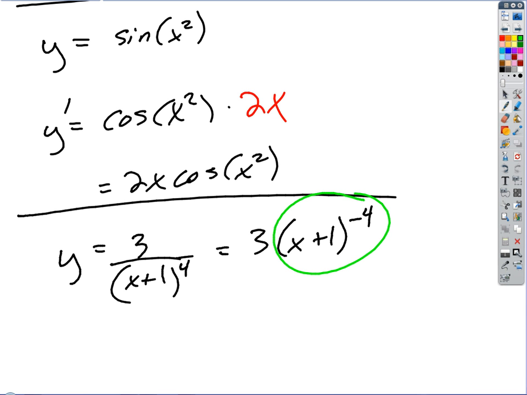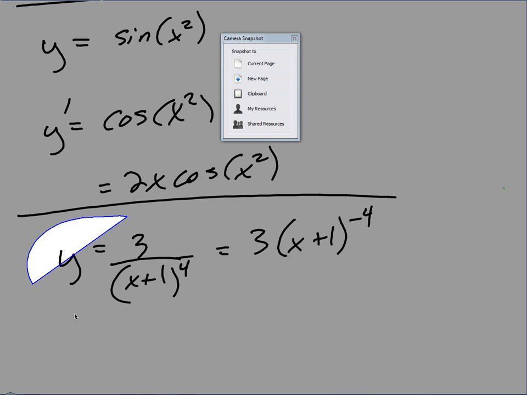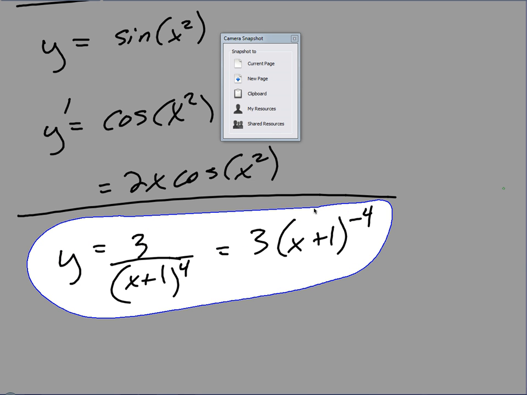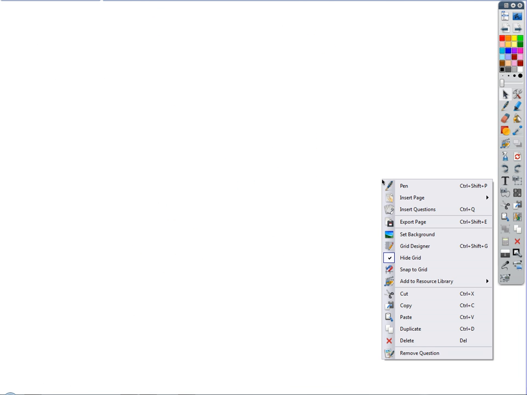So, I'm running out of room. I'm going to go to the next page. What's going on? Uh-oh, that's not what I want to do. The problem is, I don't know what I'm doing either.